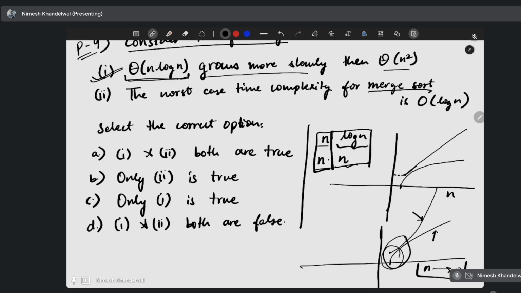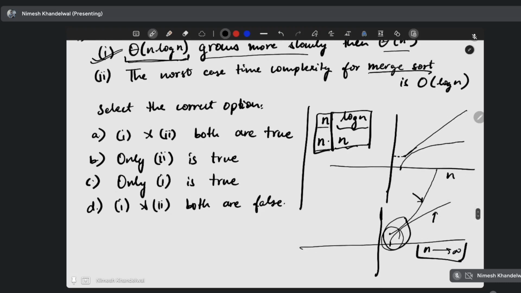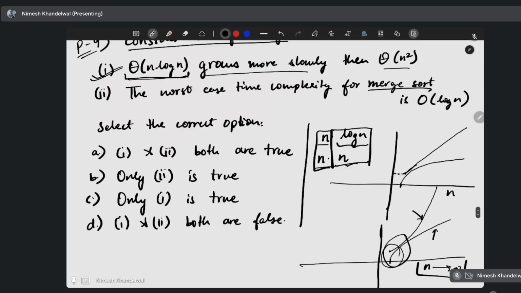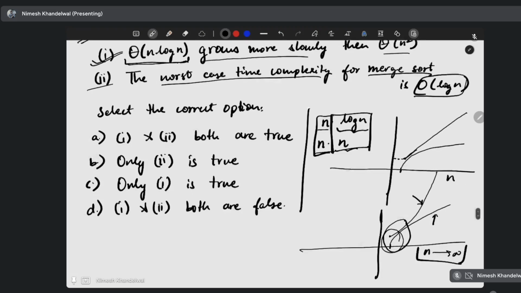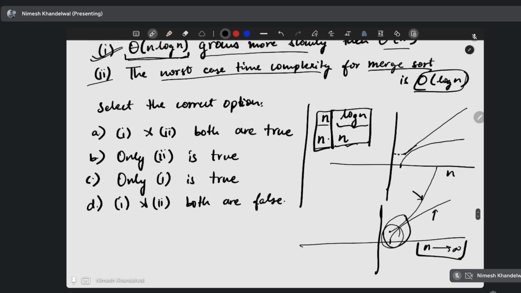Just a second. Yeah, so we have to comment on whether the worst case time complexity of merge sort is O of log n, right? If it's like binary search type of efficient, right?